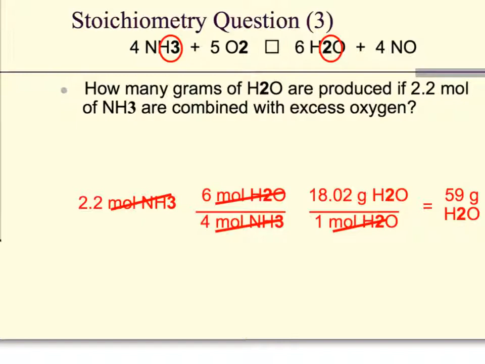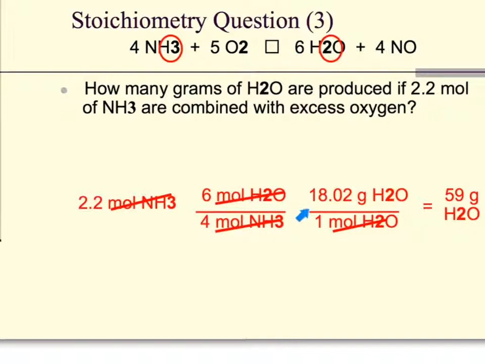We will plug our numbers into our equation from the previous slide. We have our given moles of chemical A times our coefficient ratio. We have 4 moles of NH3 on the bottom, and we get that because of the coefficient 4 in front of NH3 in our equation. We have 6 moles of H2O on top, because 6 is our coefficient.